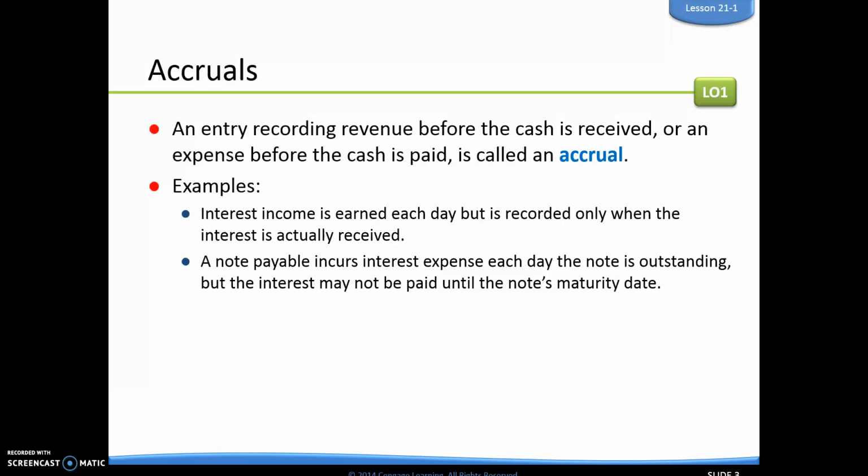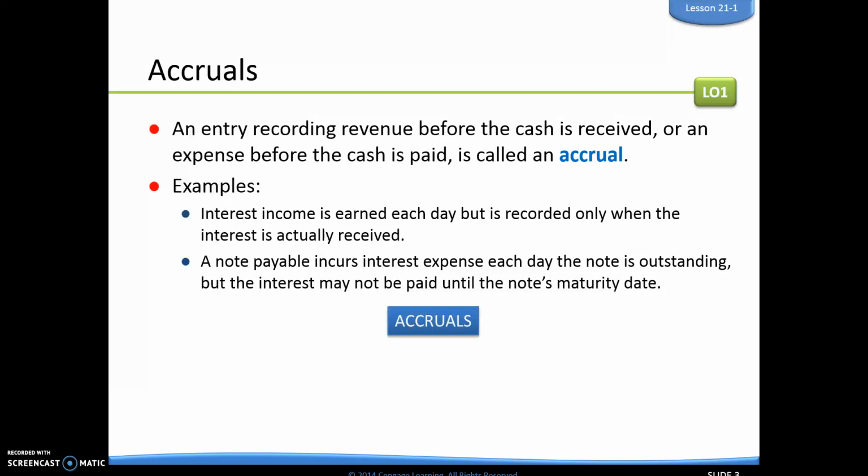So if we have something invested somewhere and we are earning interest on it every single day, we might not actually record that interest until we get the payment of it. Same thing with a note payable, where it might incur interest expense each day that we have a note outstanding, but that interest might not be paid until the note's maturity date.